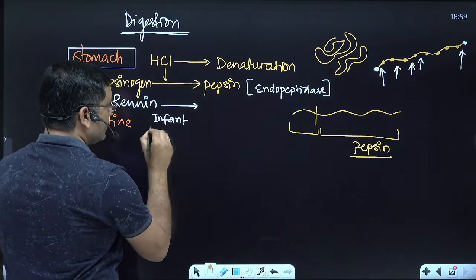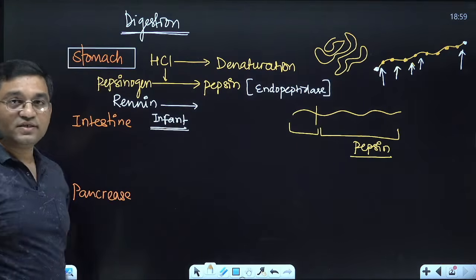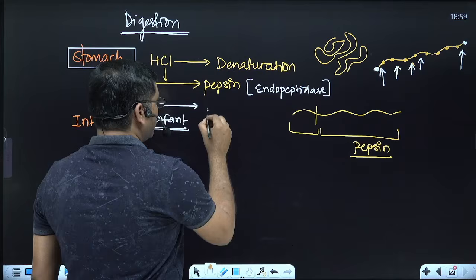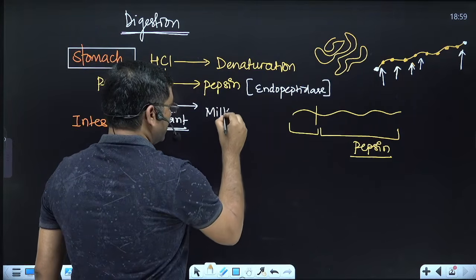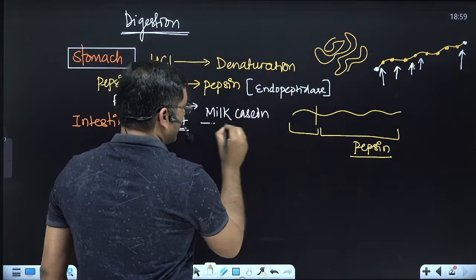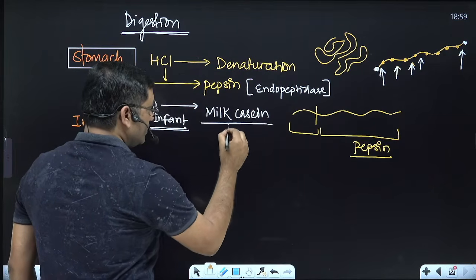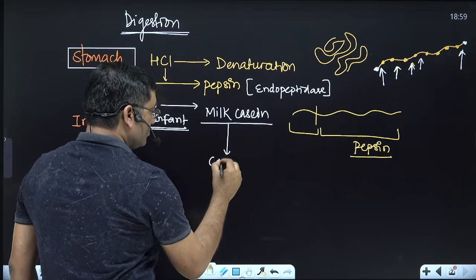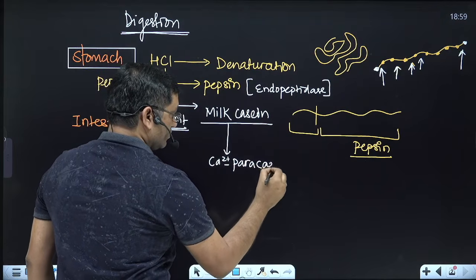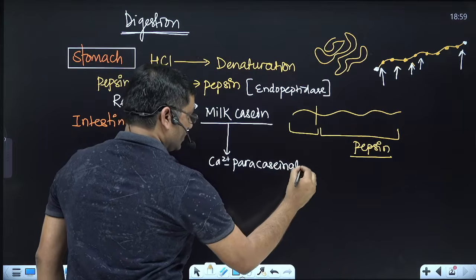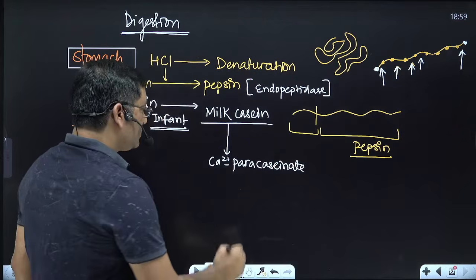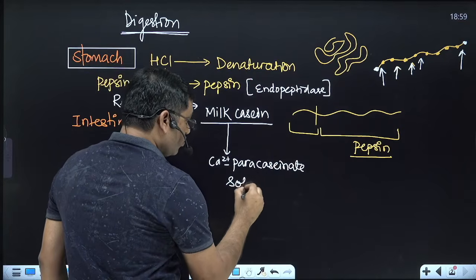Rennin causes the curdling of milk. It acts on milk casein and converts the casein into calcium paracaseinate. This is a solid, insoluble form.